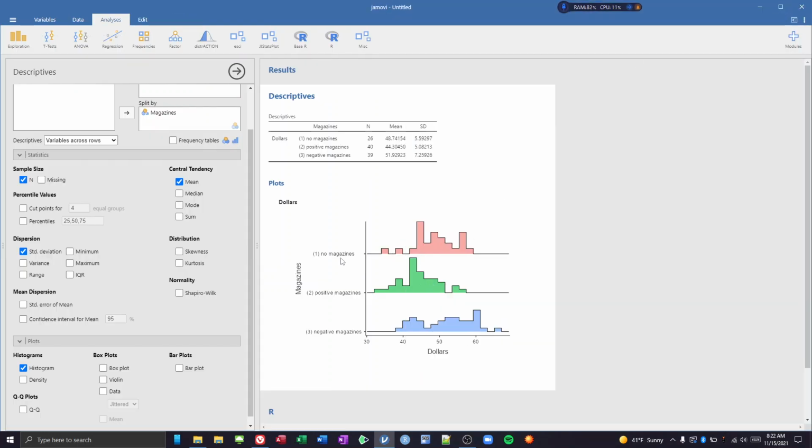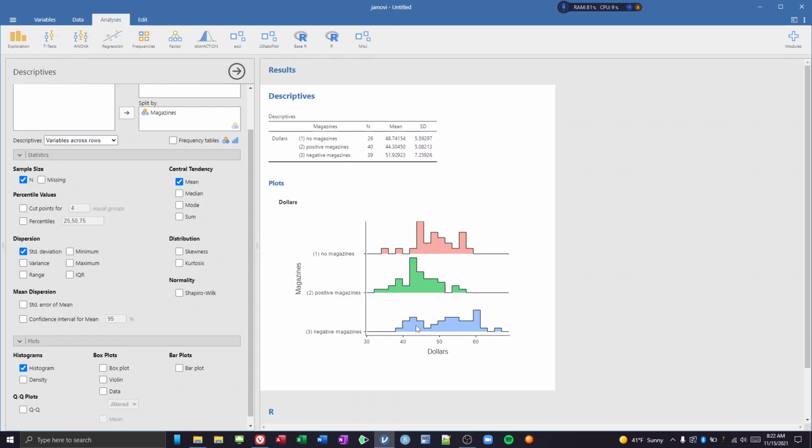And what we're looking for is, do each of these groups generally have a normal distribution? And it has to be really bad before we start freaking out or having problems with it. So this one looks basically normal. The second one looks pretty normal. It's not too bad. This one, maybe we've got some problems with.